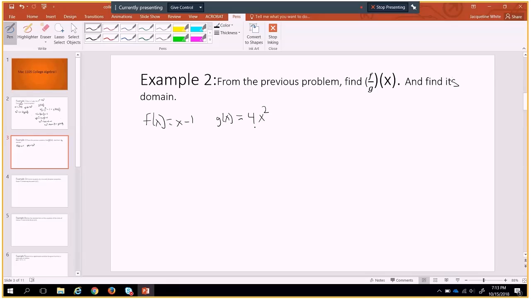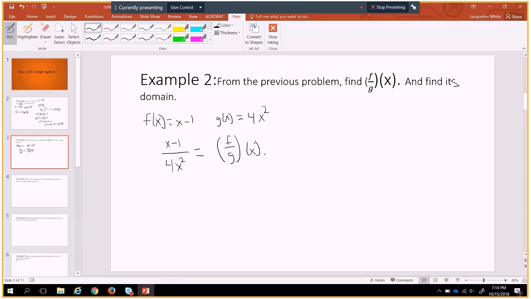We want f to be our numerator, while g of x becomes our denominator. So it's x minus 1 over 4x squared, and that's equal to f divided by g of x.